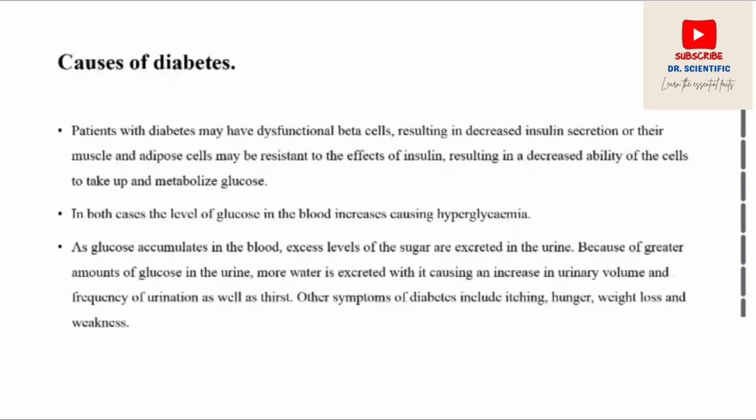In this scenario, the destructive positive feedback mechanism takes over, and the normal negative feedback mechanism is overwhelmed. So in both cases, the level of glucose in the blood increases, causing hyperglycemia.